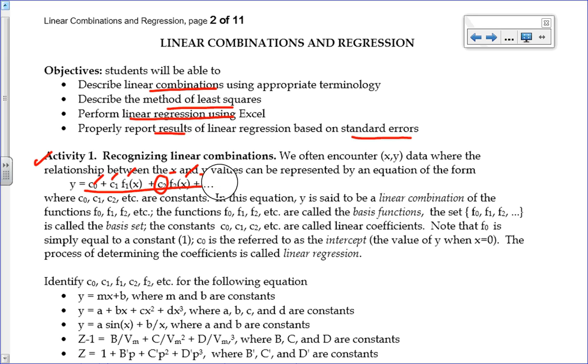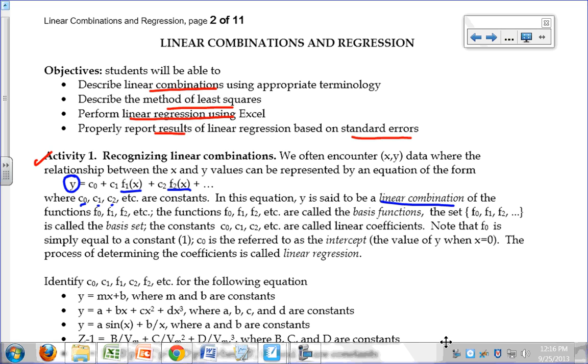Okay. So c0, c1, c2, and so on are constants. f1 of x is a function of x. f2 of x is another function of x. So we say that y here is a linear combination of functions f0, f1, f2, and so on.